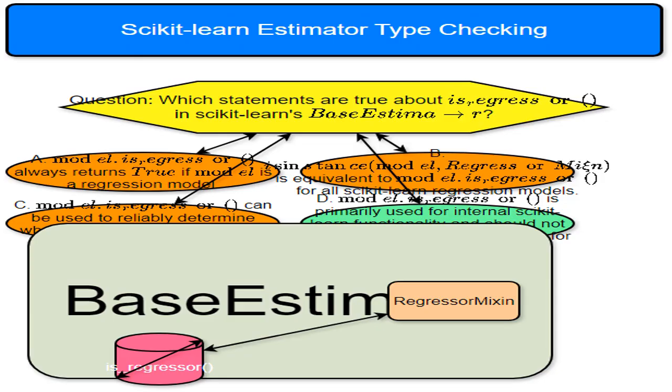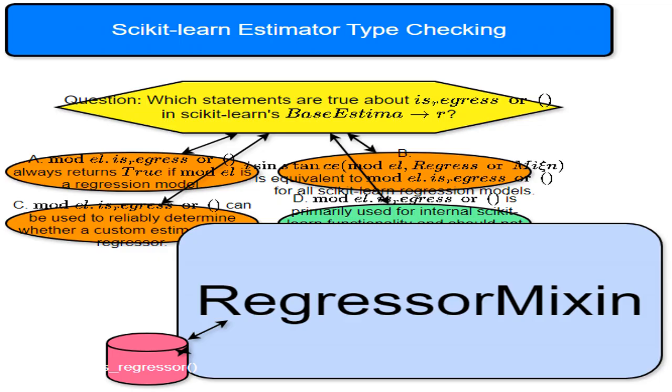In scikit-learn, BaseEstimator is a base class for all estimators. It provides a common interface and some basic functionalities. Think of it as the foundation upon which all other estimator types are built. This is a mixin class. Mixins are classes designed to add specific functionalities to other classes.